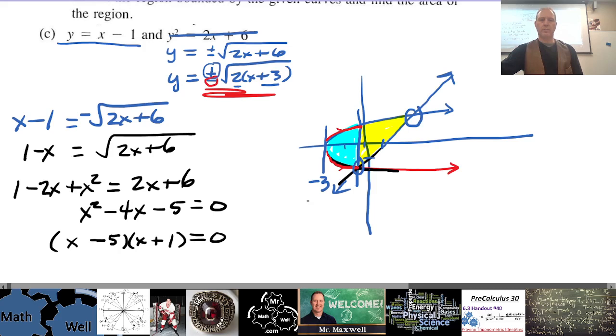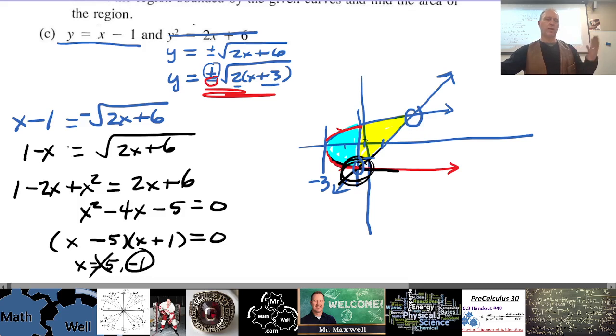So x equals positive 5 or negative 1. Is there anything that looks like it might be a possible solution according to our sketch here? Maybe negative 1? Okay. The positive 5 is rejected.